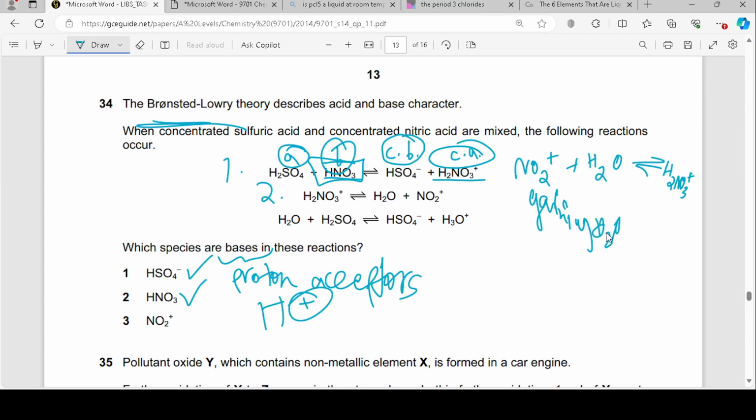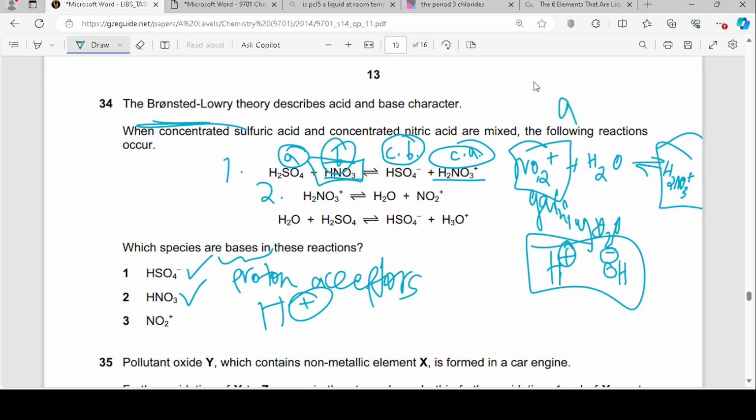And water is a neutral molecule, so it has H plus as well as OH minus. Therefore, if NO2 plus is reacting with water, which has H plus and OH minus, this is not an acid-base reaction, I would say. It seems to me that it's not an acid-base reaction, because NO2 plus is not acting as an acid or as a base. H2NO3 plus also is not acting as an acid or a base. So this is kind of an indecisive reaction, or unhelpful in a way here.